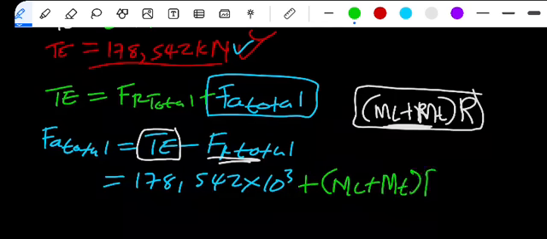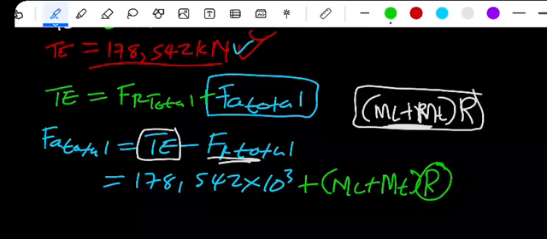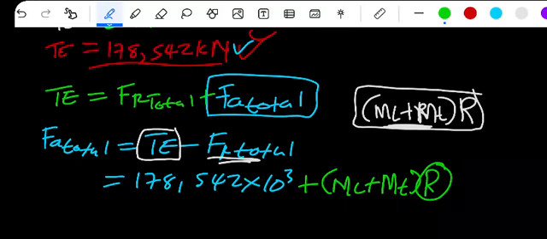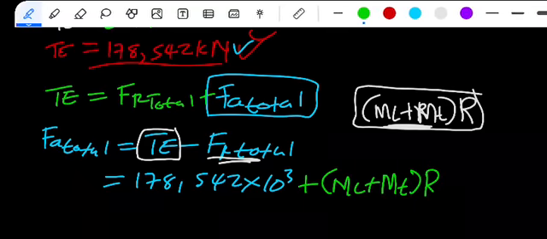I said they have the same rolling resistance multiplied by R because it's the same. We'll use that. That is what we'll use: the mass of the locomotive plus the mass of the tracks multiplied by R, because it's the same. They've told us that.